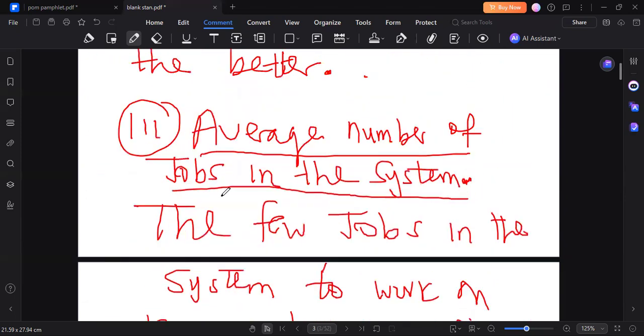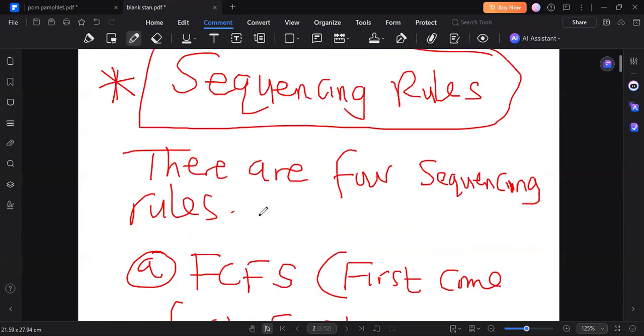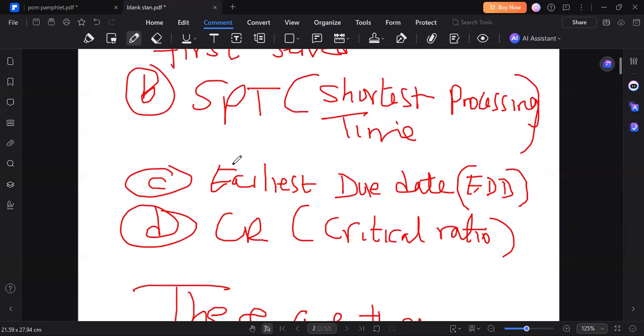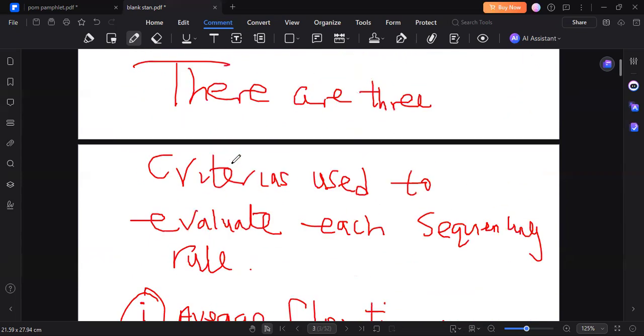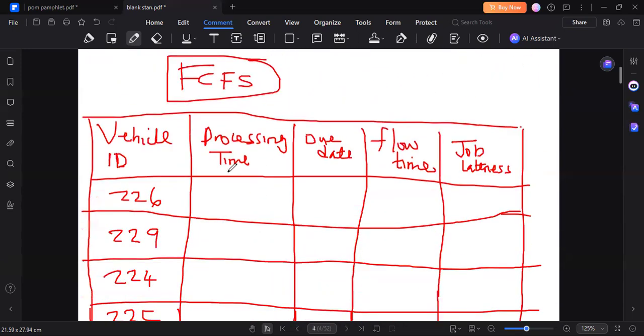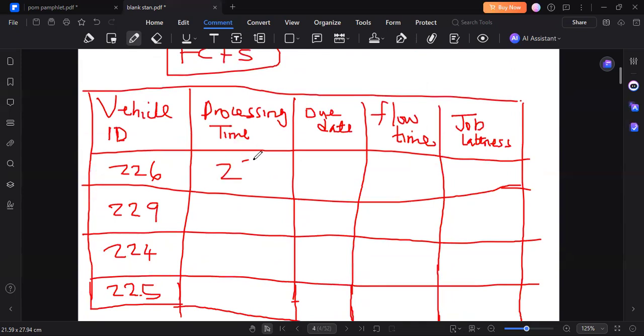That's why we have other sequencing rules like shortest processing time. So start with the vehicle that has the shortest processing time. Maybe you just want to fix the tires. Other works, like body work, can take more time. So that's why we are going for other sequencing rules.